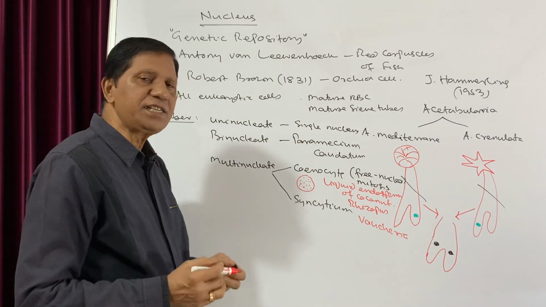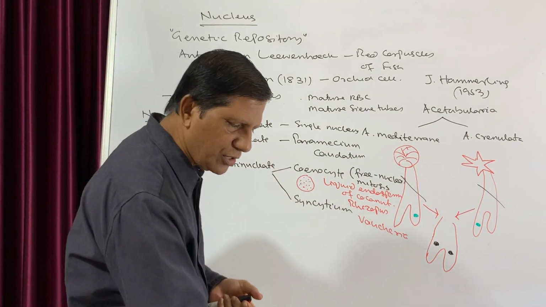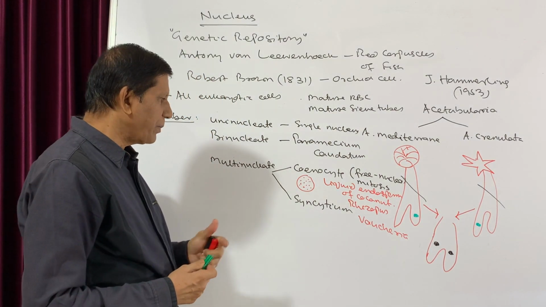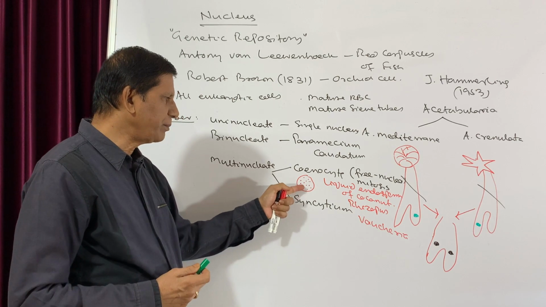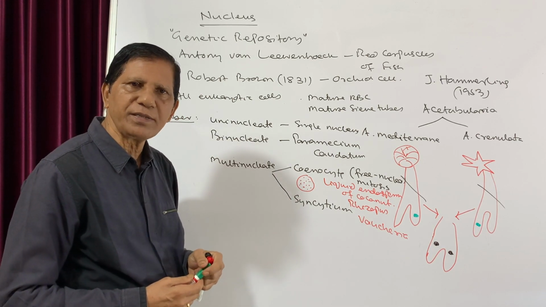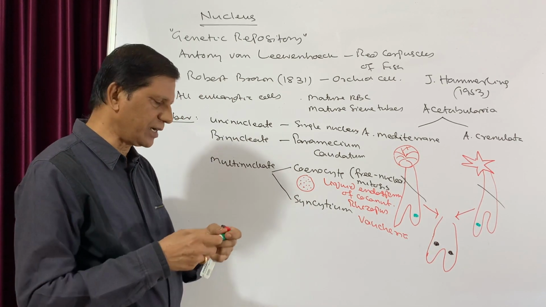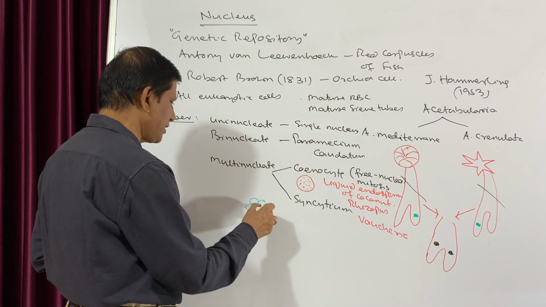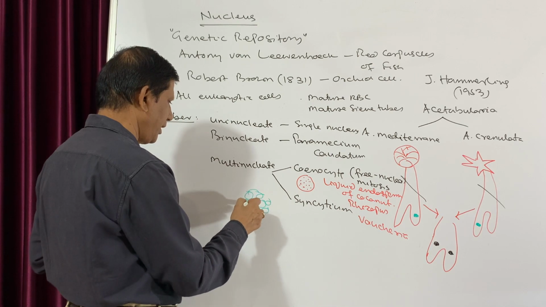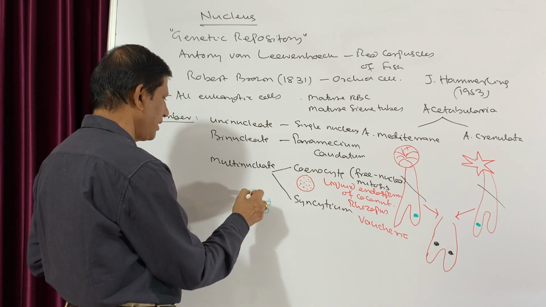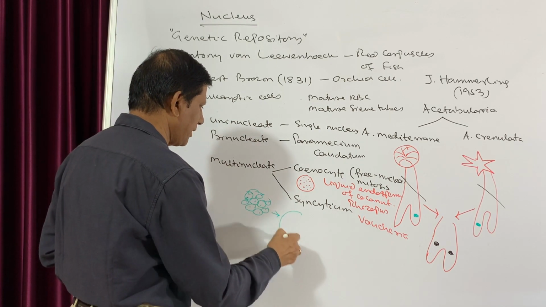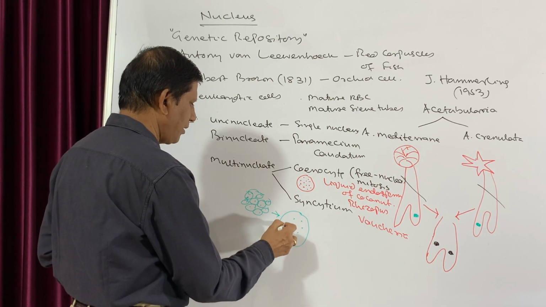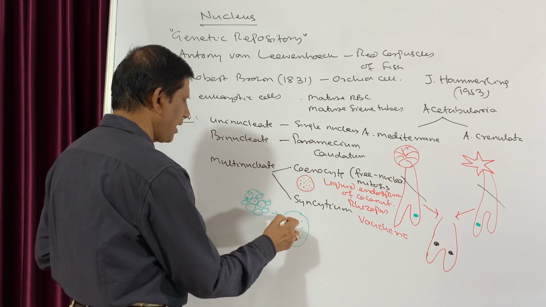Now come to the Syncytium. This term is usually applied mostly to animal cells. But here these are not formed due to free nuclear division. They are formed by the fusion of different uninucleate cells. Suppose there are so many uninucleate cells. Now all of them will fuse together, so now one multinucleate condition appears.